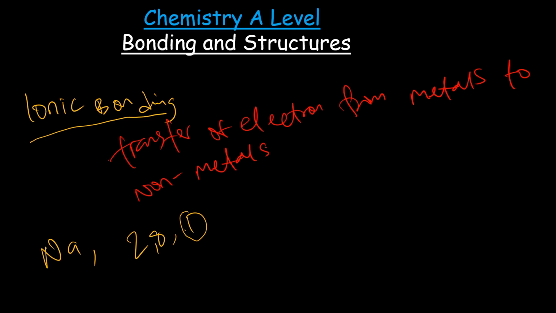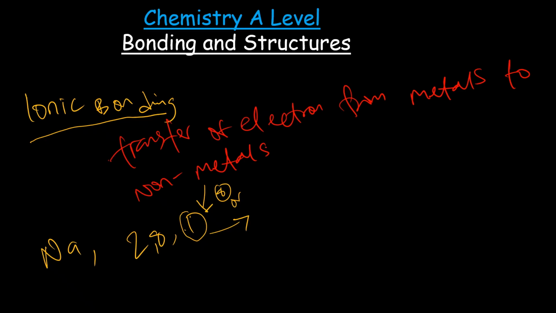So it needs stability, and for each atom to be stable, it either completes its shell to become 8, or it gives up this electron. In this case, sodium will give off one of the electrons to become stable, and it will give it to an atom that is readily available to receive an electron. That leads us to non-metals.